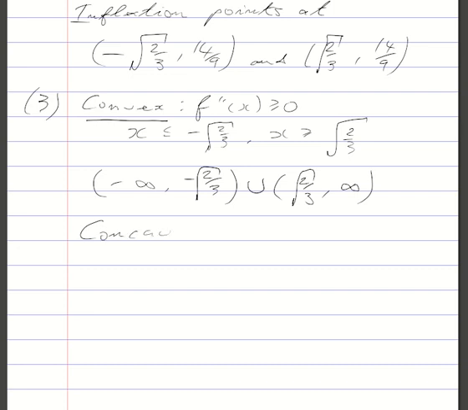Now where the function is concave, so where f double prime is smaller than or equal to 0, we can tell that straight from the graph.